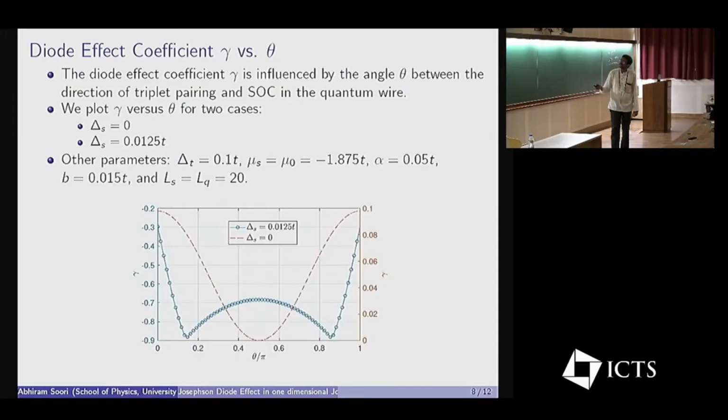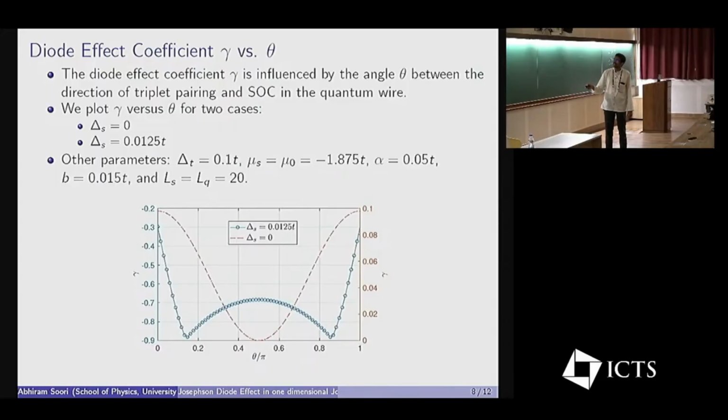So this is a plot of the diode effect coefficient versus theta, where theta is the angle made by the triplet pairing amplitude. So there is the direction of spin, so it's basically up, up, minus, down, down. So the direction of this up in the triplet pairing, and there is also the direction of the spin orbit field. So the angle made between these two directions is theta.